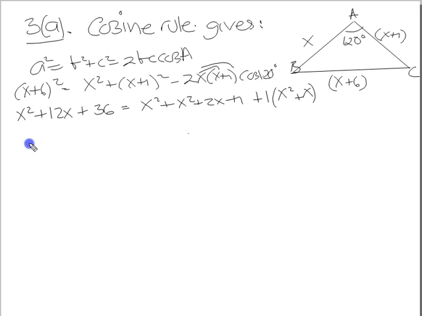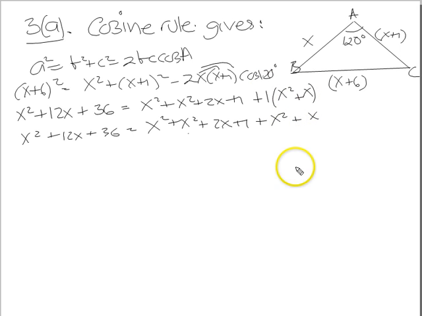So we've got x squared plus 12x plus 36. I'm just writing this line again actually. We've got x squared plus 2x plus 1 plus another x squared here plus another x here when you run the 1 through there. Okay, so we got 3x squared, so one of these will cancel on both sides. So that will leave 2x squared on the right.